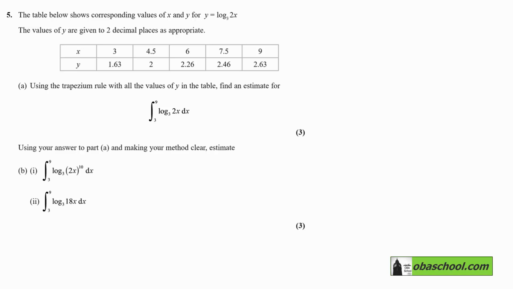Now, the trapezium rule would have h over 2, where h is the width of the intervals. In this case, that is going to be 1.5. And then we have the first and last y's, and then 2 times the sum of the other values of y.